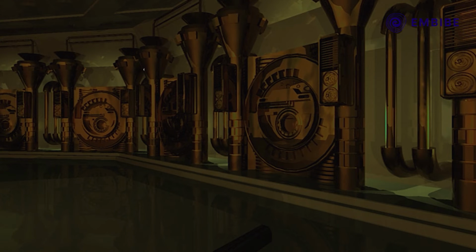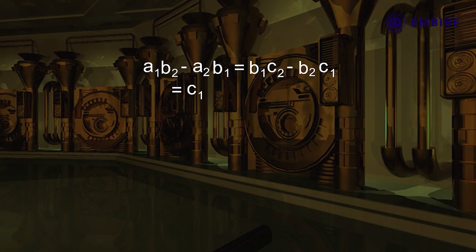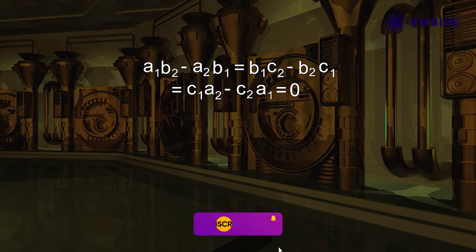Now, suppose a1b2 - a2b1 is equal to b1c2 - b2c1, which is equal to c1a2 - c2a1, which is equal to 0.